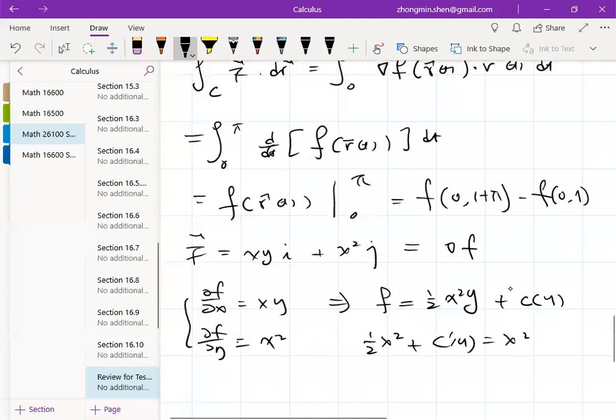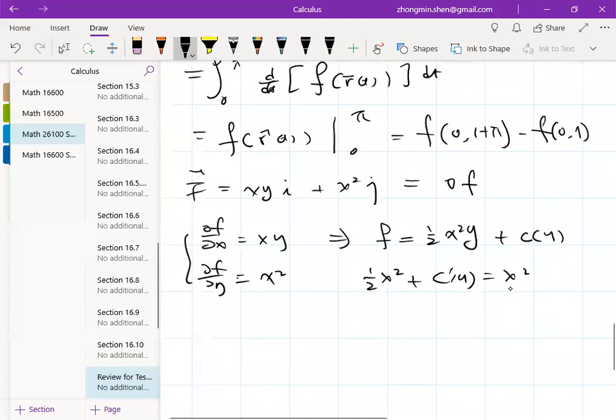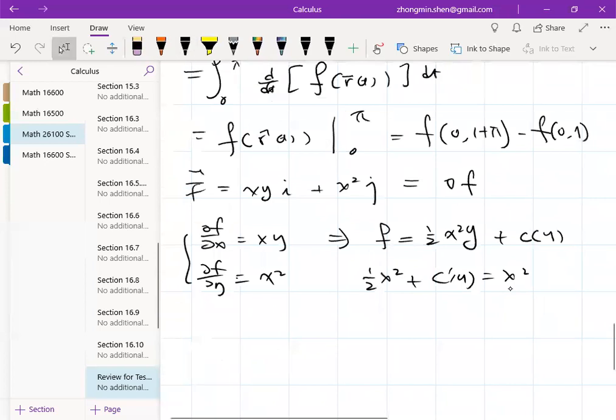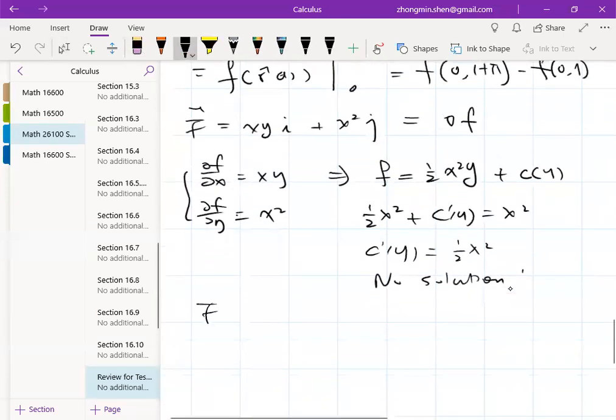Then there is no solution because it depends on x. So no solution. That means F is not conservative. F is not conservative, so there's no other way you can solve the problem.